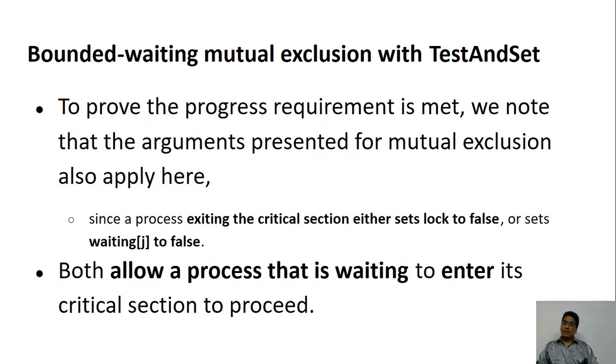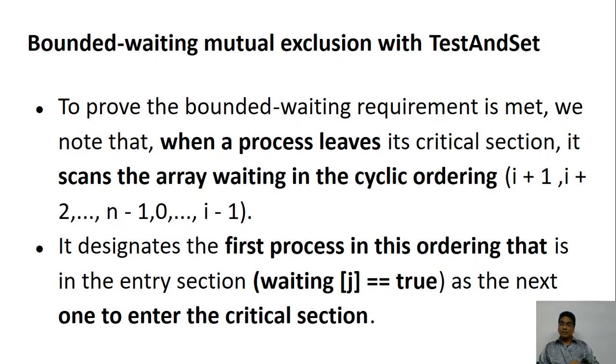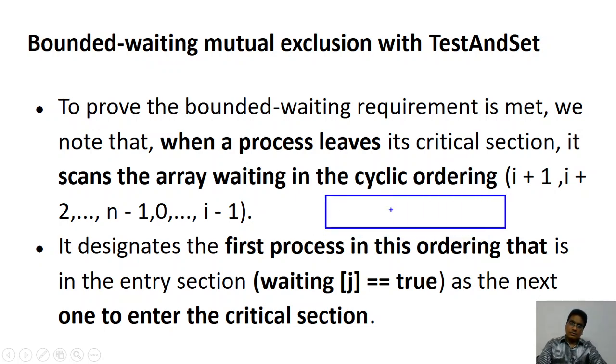So there will be a bound, because at most you will wait for the nth turn, and then you will be given a chance. So you keep on searching from your position, +1, +2, +3 and so on. So you go around the queue. If you are here, you go on asking everybody.